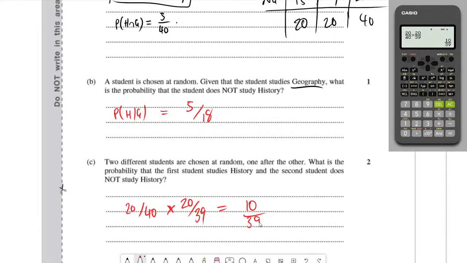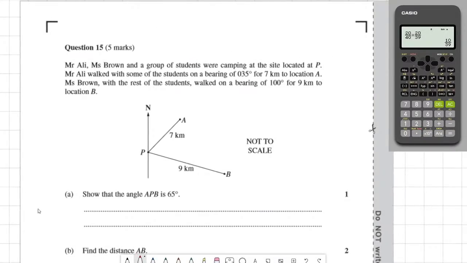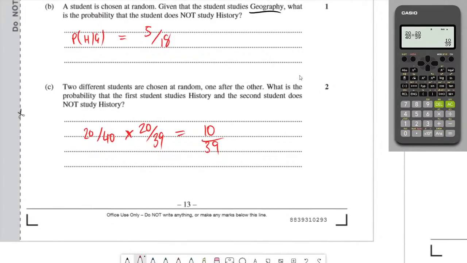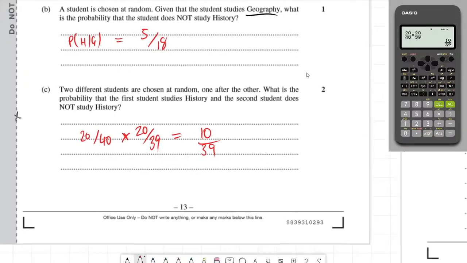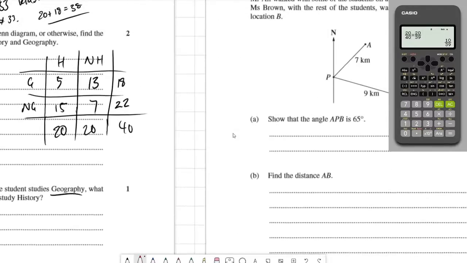I would make sure that you put the answer as well, just in case you forget your calculator for the biggest exam that you've ever done. So 10 out of 39 is the answer, by the way. Actually, that was quite an easy fraction to solve. Anyway.